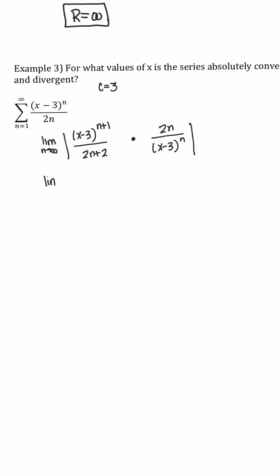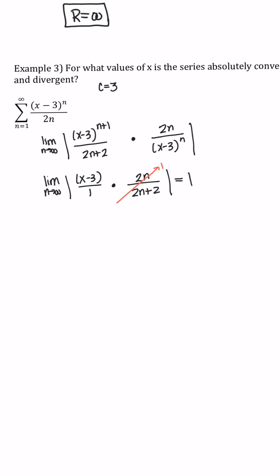Let's clean this up. I'll have the limit as n approaches infinity. The x minus 3 to the n will cancel out, leaving me with just one x minus 3 in the numerator. And again, I like to put my polynomial n stuff with an n over to the side. So I have 2n over 2n plus 2.